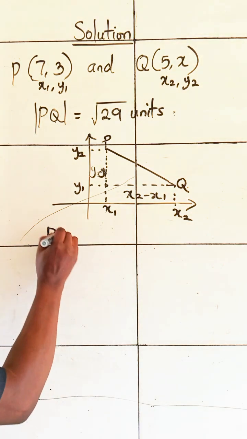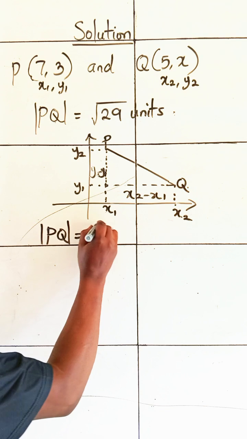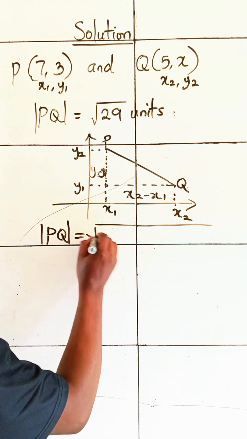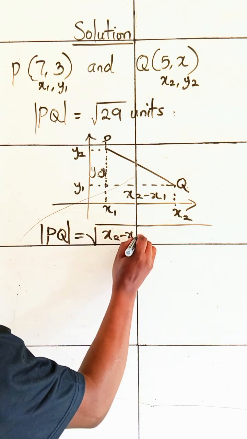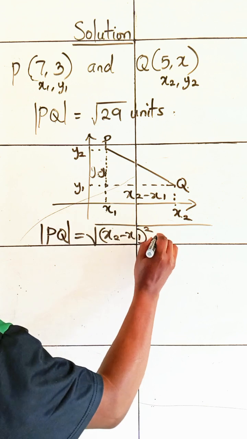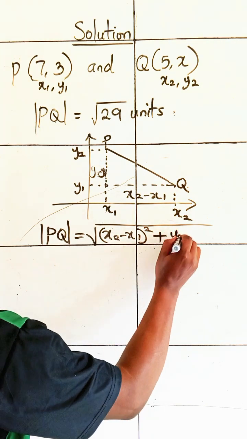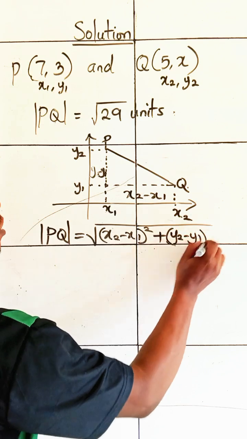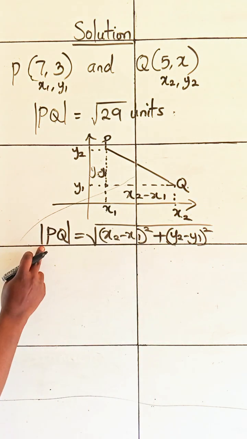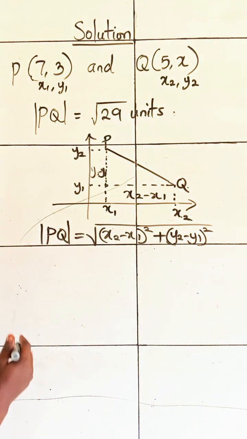So the distance PQ will give us square root of x2 minus x1 all squared plus y2 minus y1 all squared. So distance PQ from the question is given as square root of 29.